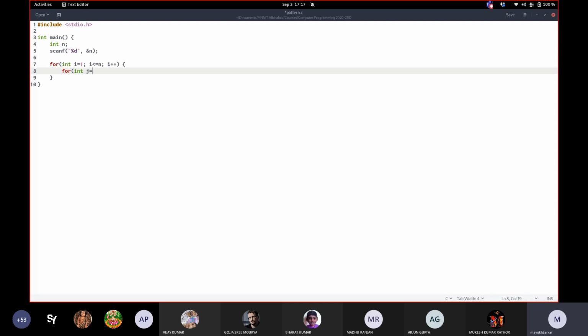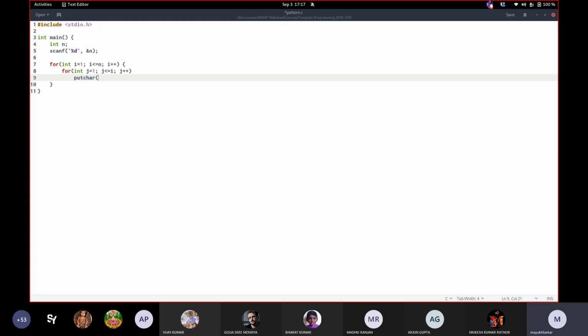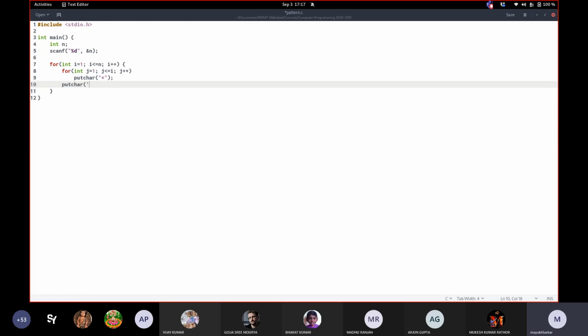For j is equal to 1, j less than or equal to i, j plus plus. Now let me first check: putchar, does it take a string? I'll put another putchar with a character here.